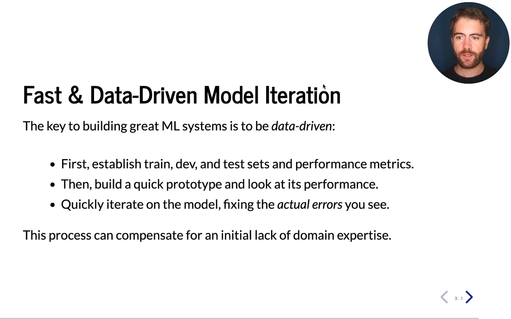And so by starting with an initial quick prototype that solves the problem end-to-end with some initial but not necessarily great level of accuracy, and then by quickly observing and fixing the actual errors that the system is making, it is possible to very quickly and efficiently develop a good working machine learning system.